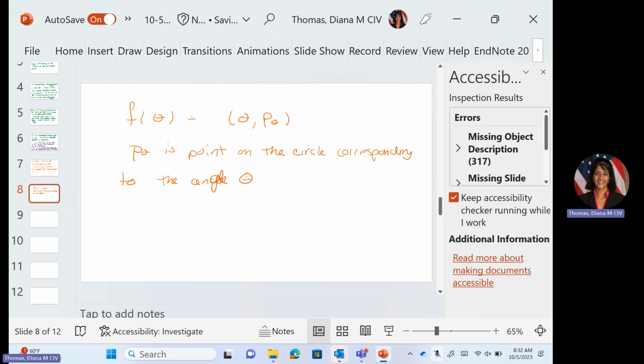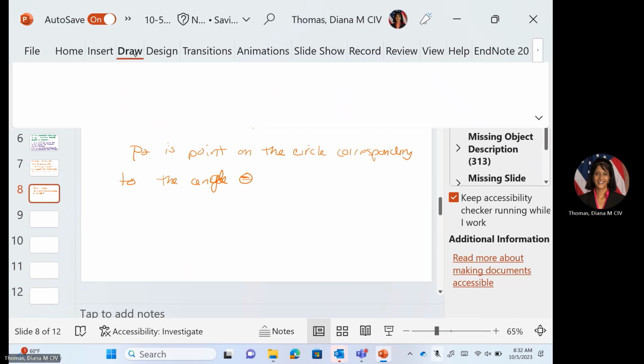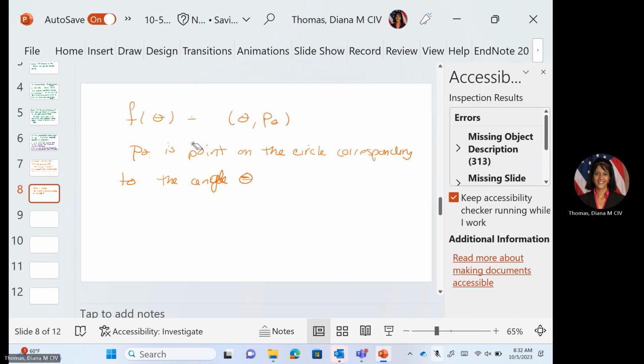The reason we actually used maps like the one I just showed you up here is because we don't really need to specify two values. If I have theta equals pi over 4, I already know what the x and y coordinates are that correspond to pi over 4. So instead of two coordinates, I really have to worry about theta, the angle.